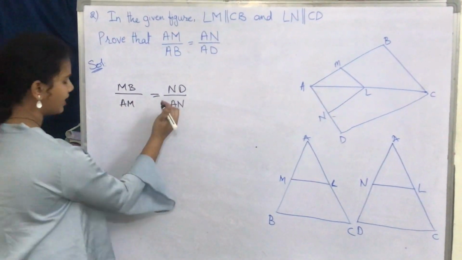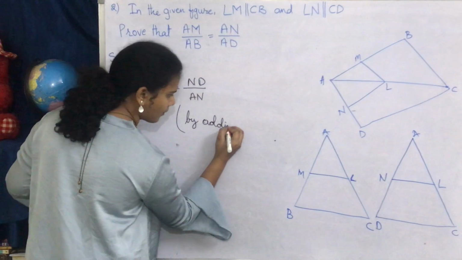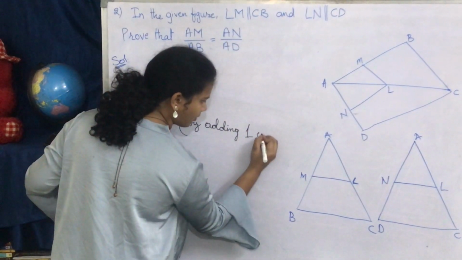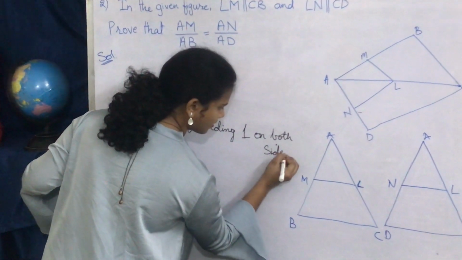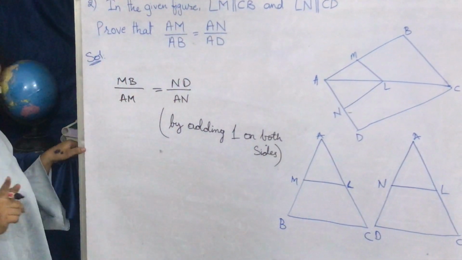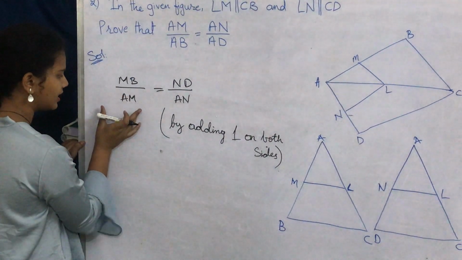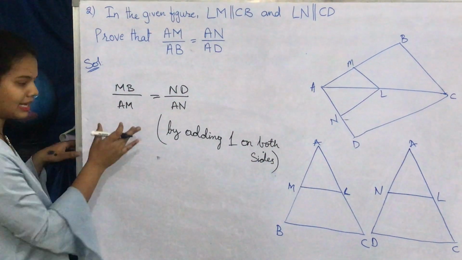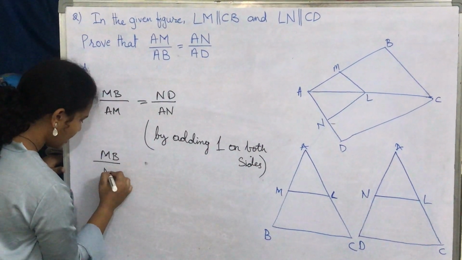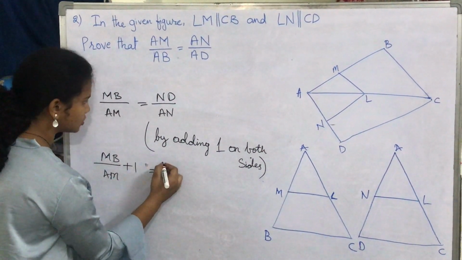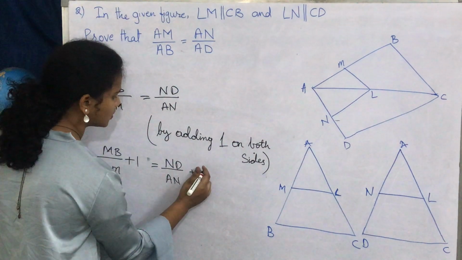ND by AN. Now by adding 1 on both sides, on the LHS and RHS, we get MB by AM plus 1 equals ND by AN plus 1.